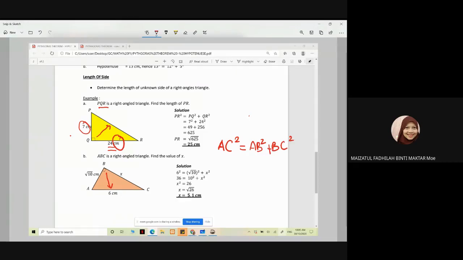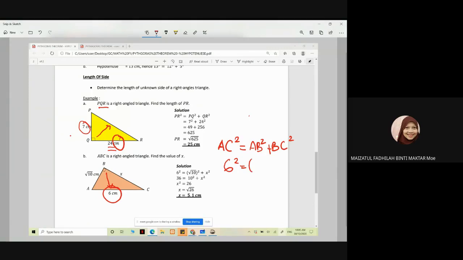AC square, what is given to you, the value, you can see in the diagram, equals 6 cm. So you just write down 6 square equals AB square. Given to you is the square root of 10. No need to find the value of the square root of 10.